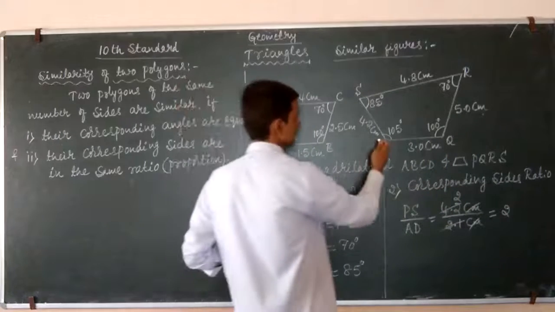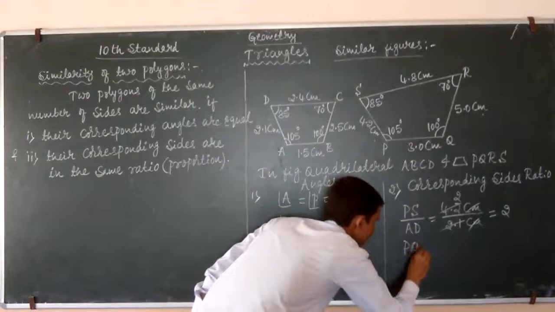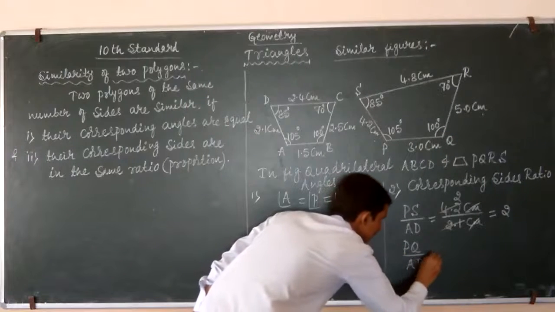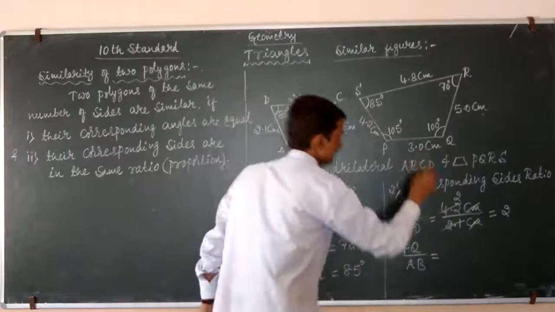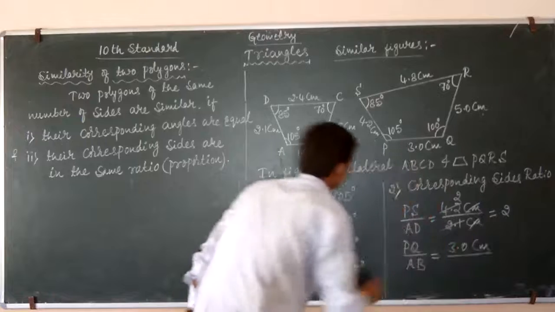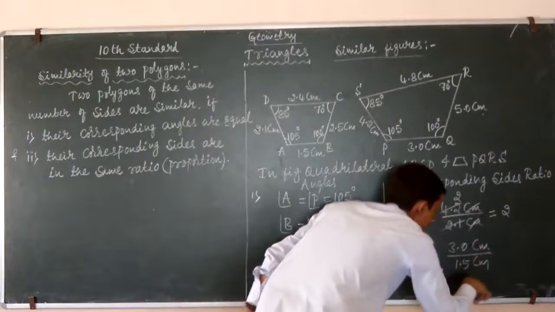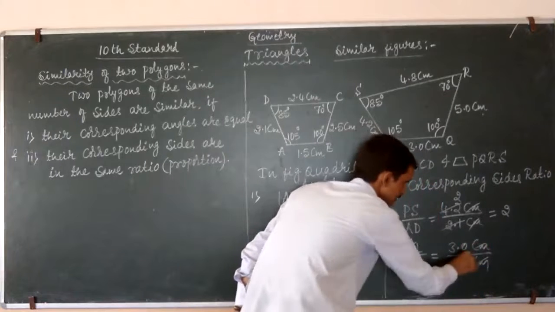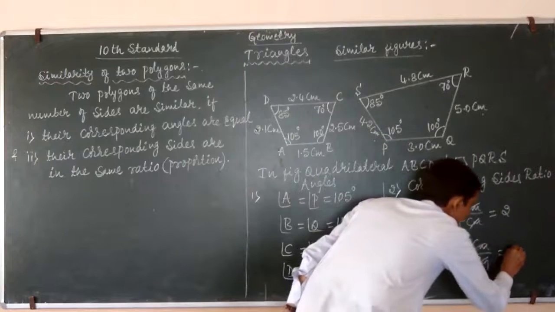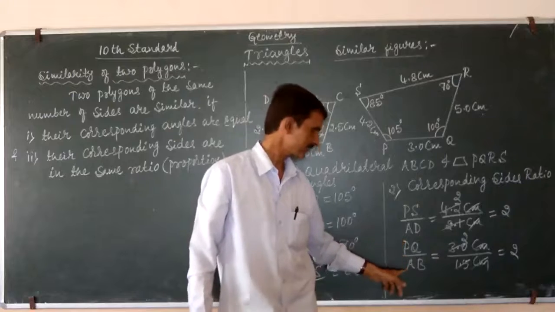Now we will take the ratio of PQ by AB, which will be equal to 3 centimeter by 1.5 centimeter. So centimeter cancels. 1.5 twos are 3. So here also we obtain the ratio of PQ by AB is 2.